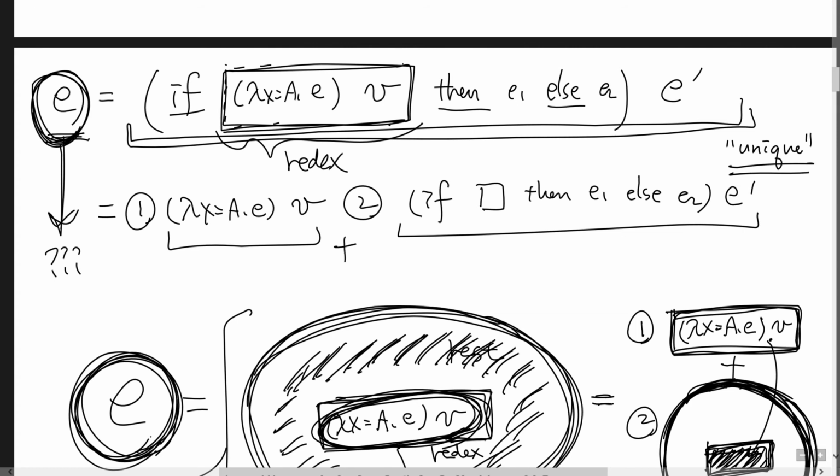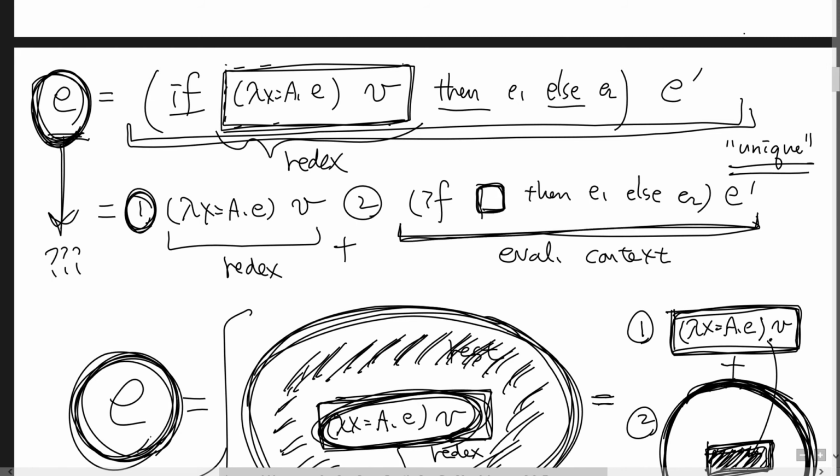So this expression E can be decomposed into the first component, redex, and the second component, evaluation context. And we can notice that the evaluation context literally points to the position where the evaluation is going to take place, which is this one. So this hole indicates the position where the reduction is going to take place. So everything makes sense now.